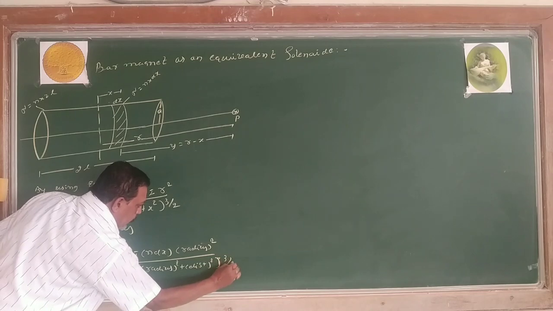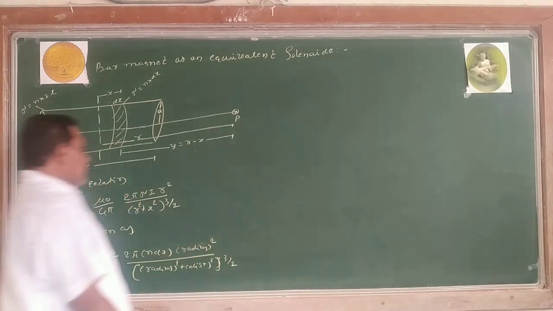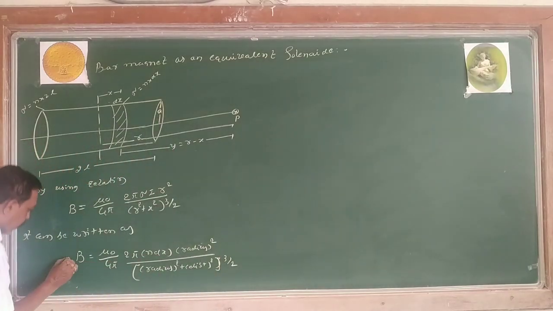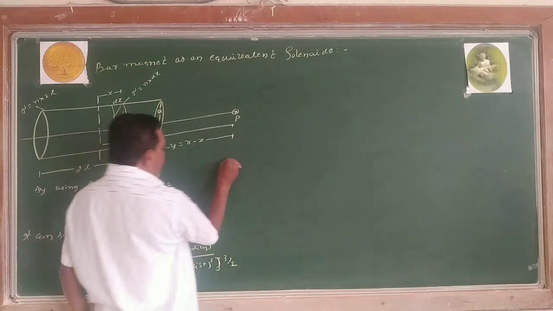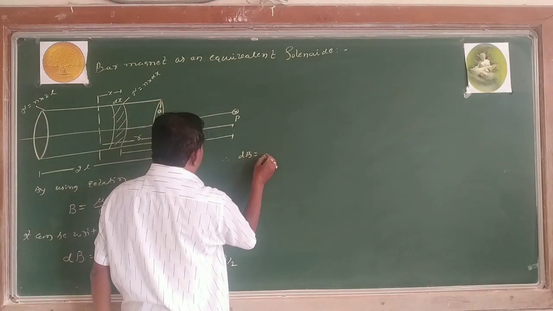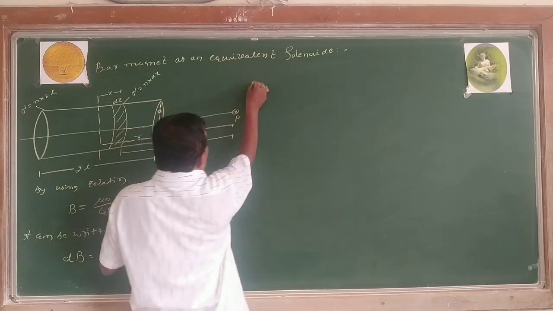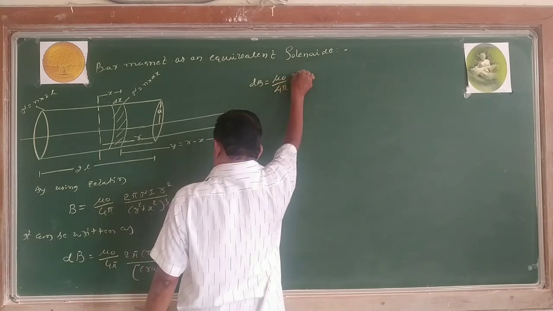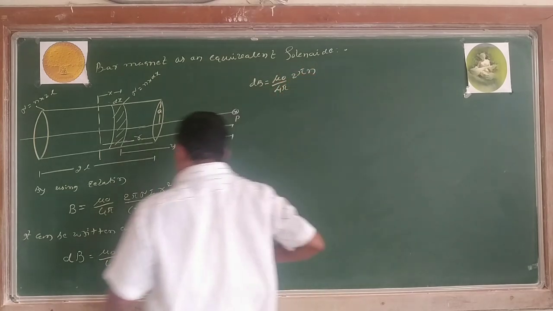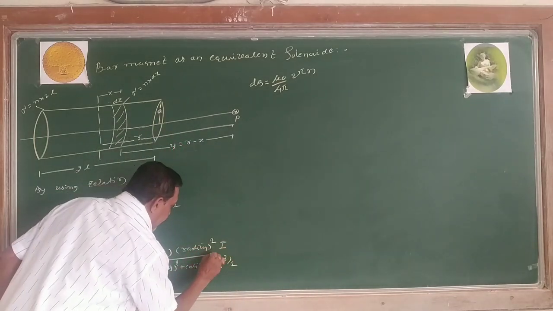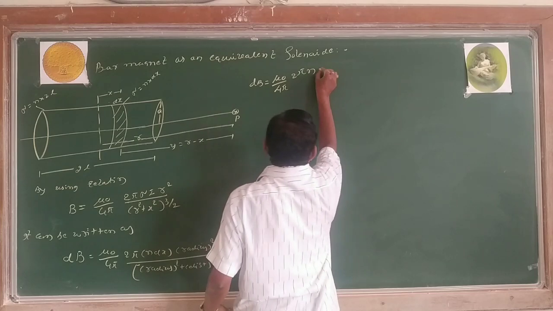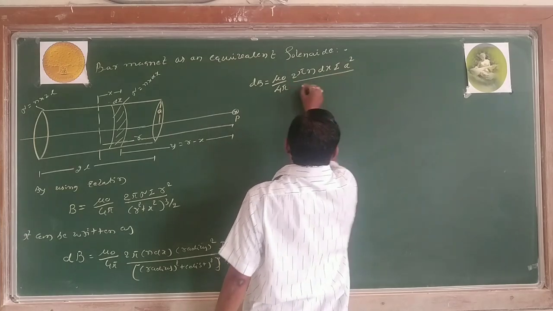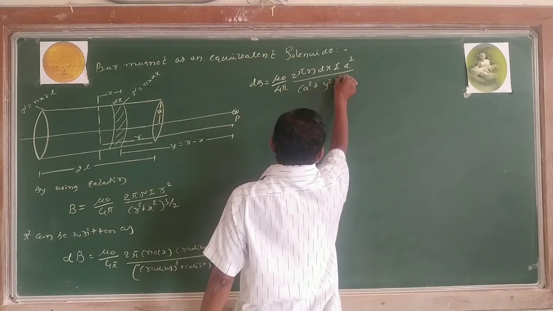Then I substitute. When I write dx, this becomes dB. So dB equals mu naught divided by 4 pi, 2 pi n dx I a square, divided by (a square plus y square) to the power 3 by 2, where the distance is y.